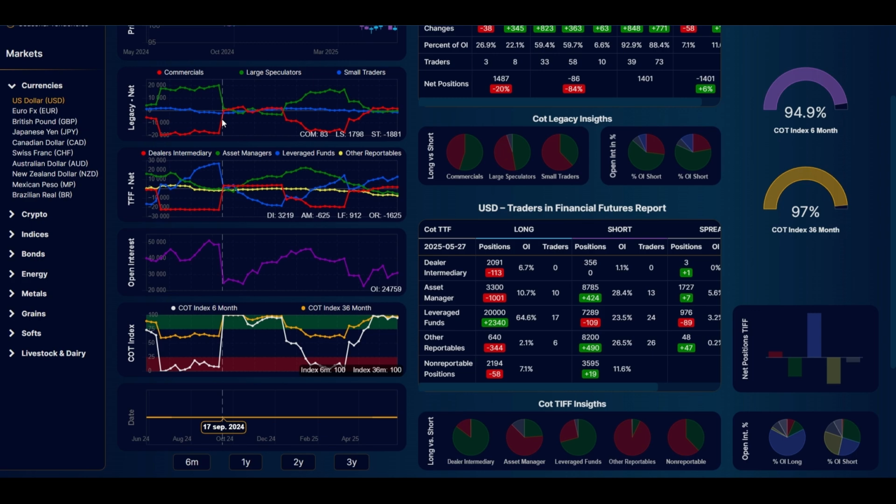On the 17th of September, we moved from a bearish hedging program to a bullish hedging program, all right? We went from minus 20,000 to more or less zero, or even positive, which means they hedged against a bullish dollar.